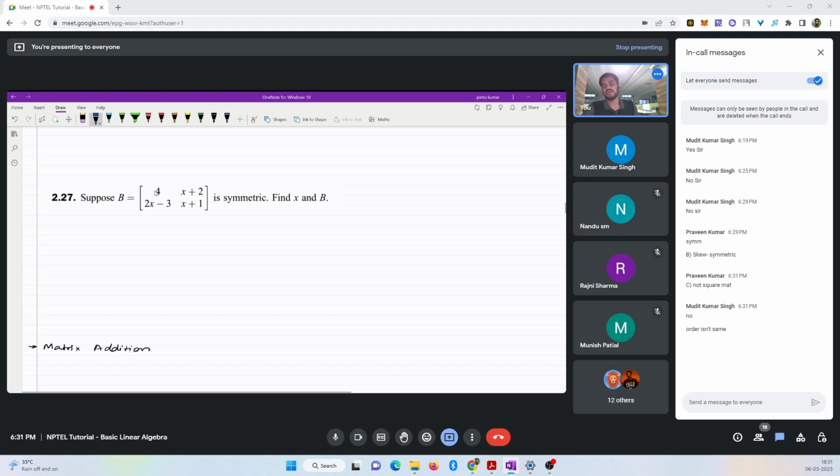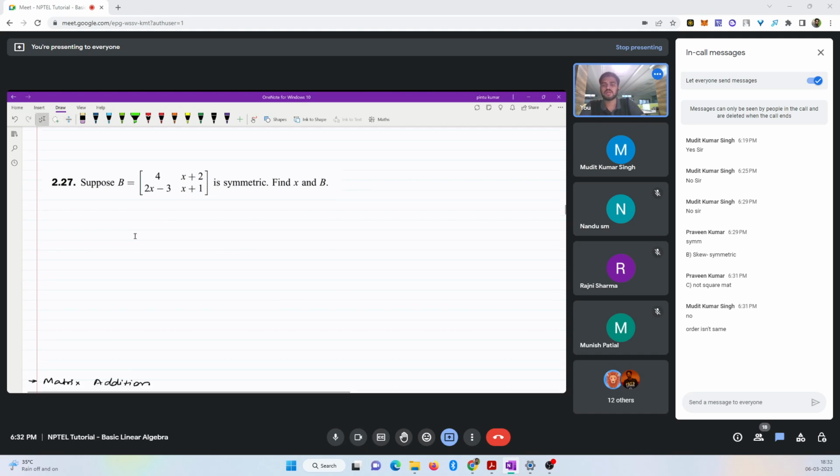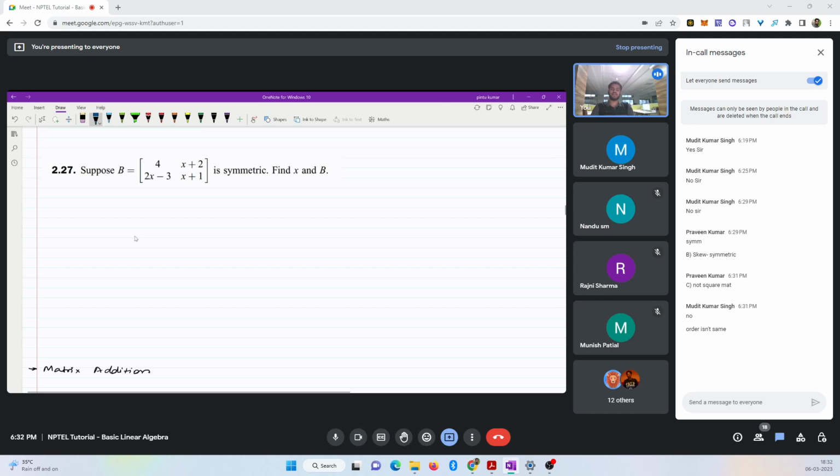Here is another example. You have to find x so that this matrix becomes a symmetric matrix. So how would you do that? You want your first row to be the same as your first column.